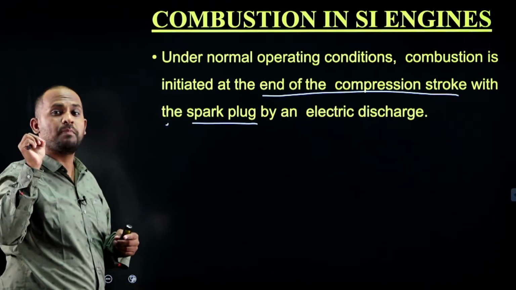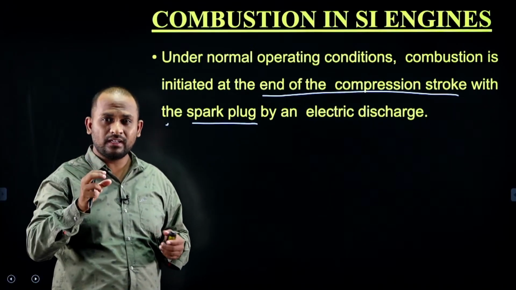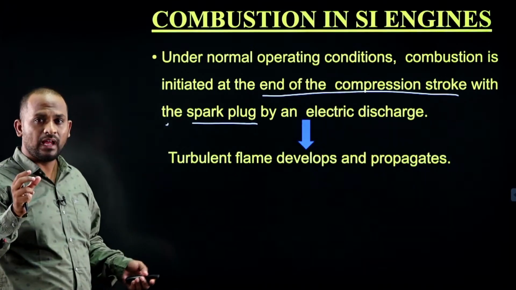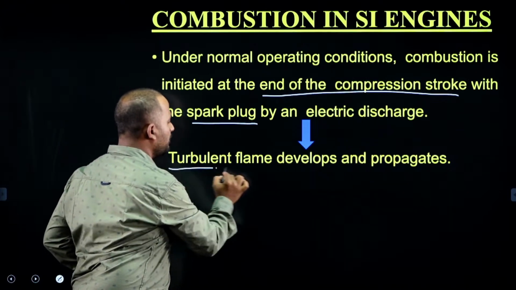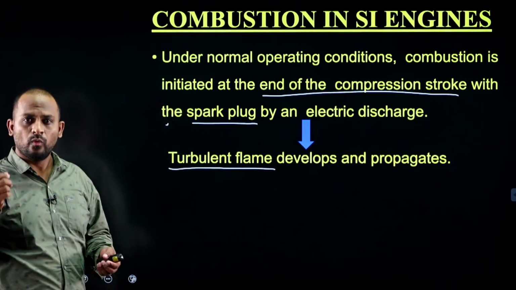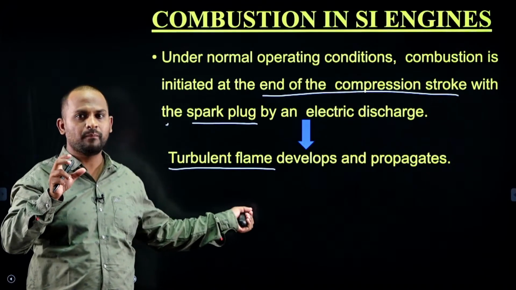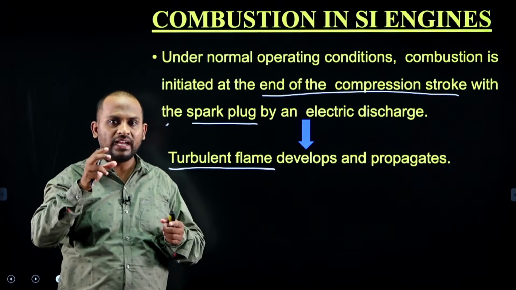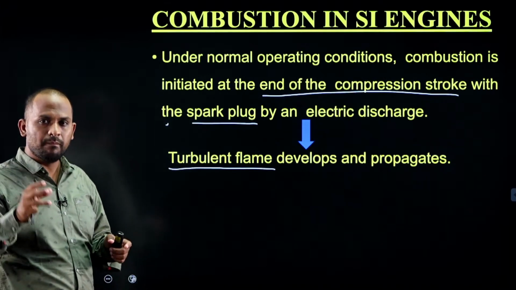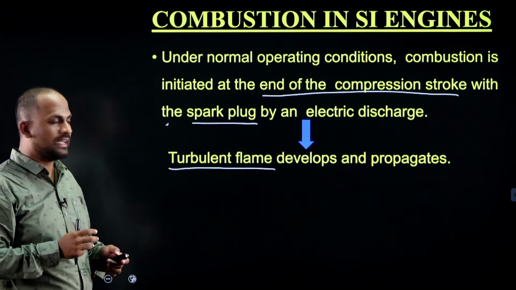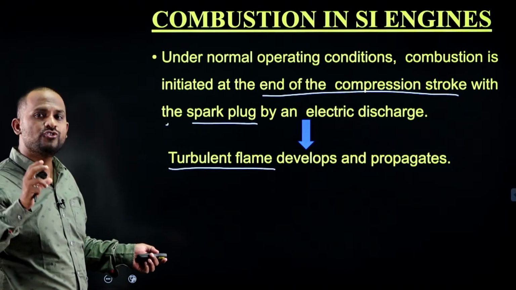A small spark is created. That spark creates a flame, and that flame will be a turbulent flame, and it will be propagated inside the cylinder by burning all the fuel particles inside the combustion chamber.